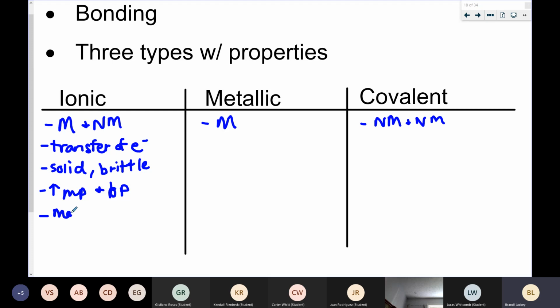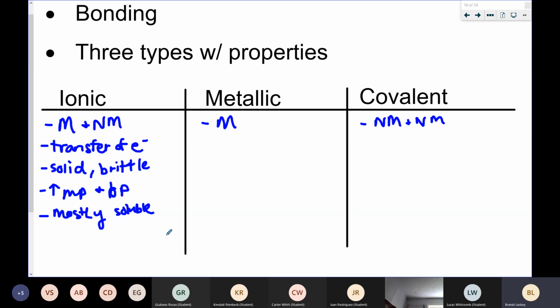These tend to be mostly soluble in water. There are some things that are not soluble in water, but that's where we had to use those solubility rules in our chemical reactions unit. But a lot of ionic compounds will dissolve in water to some extent.